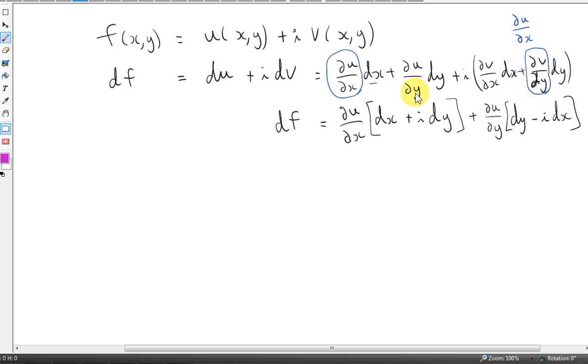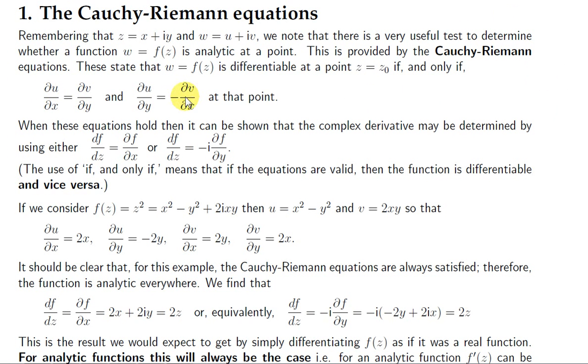The other Cauchy-Riemann equation says that du/dy is equal to minus dv/dx, or dv/dx is equal to minus du/dy. So as a reminder, here are the two Cauchy-Riemann equations. The first one's easy to remember. We differentiate u with respect to x, then we differentiate v with respect to y.